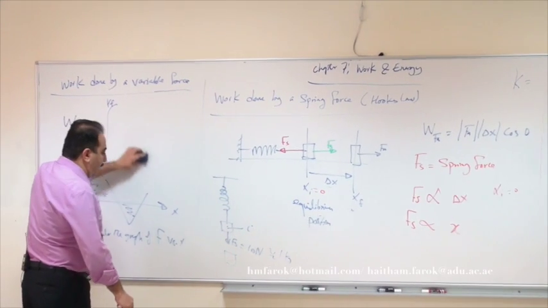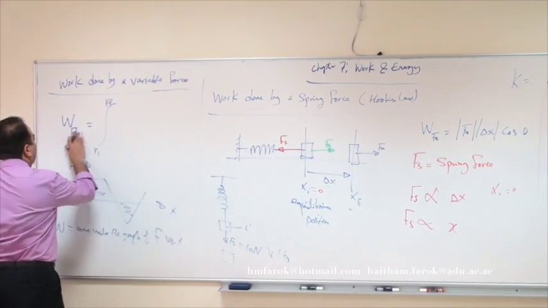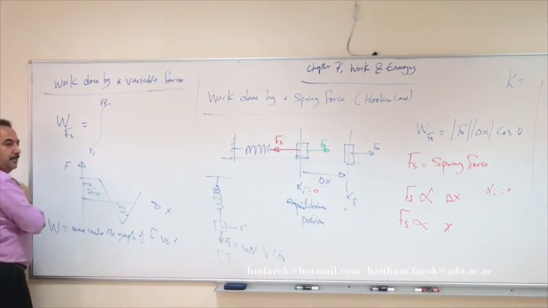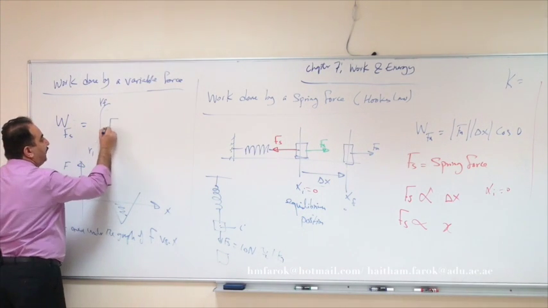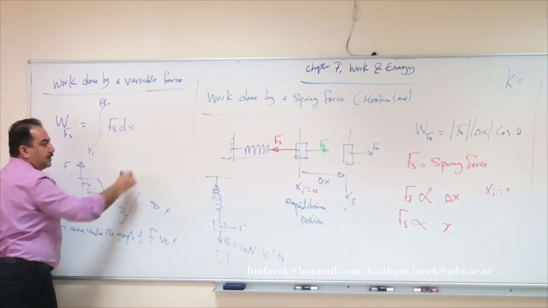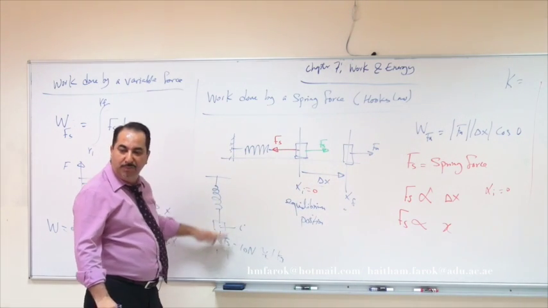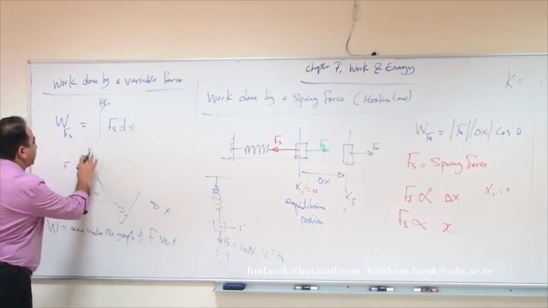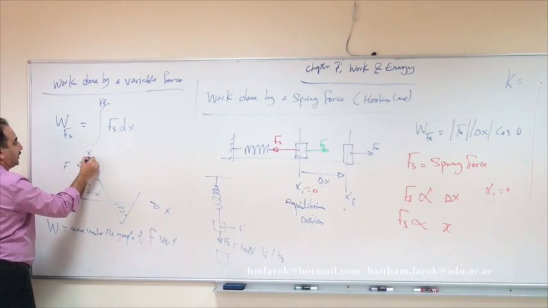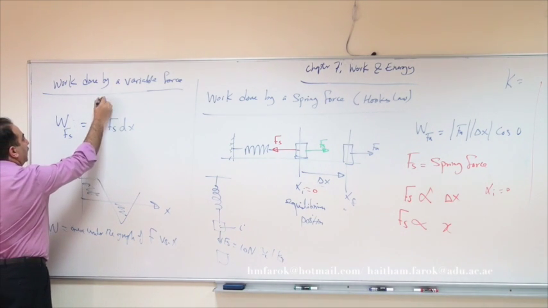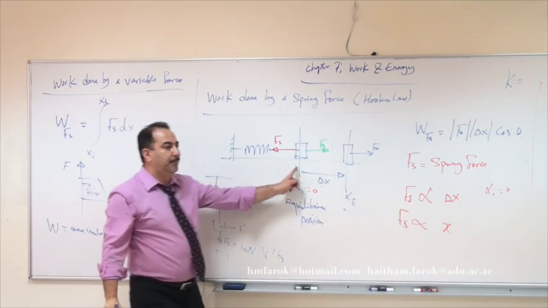And instead of Fr, what do we have here? F spring. So I have Fs dx, because I'm moving in x here. You can have dy if you're moving here. And instead of R1 and R2, I'll have x initial and x final of the spring.